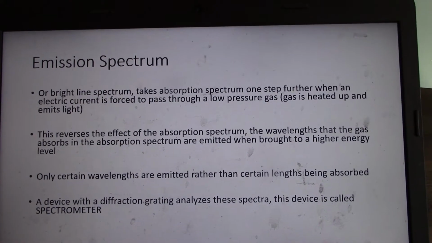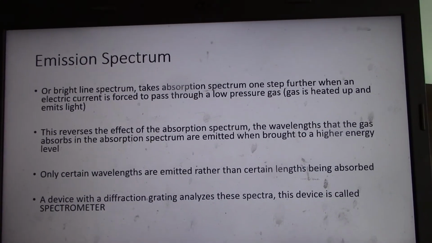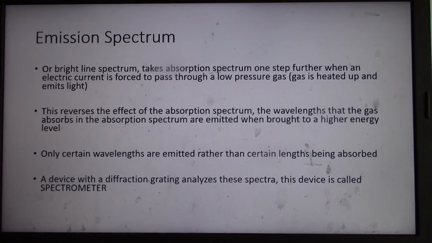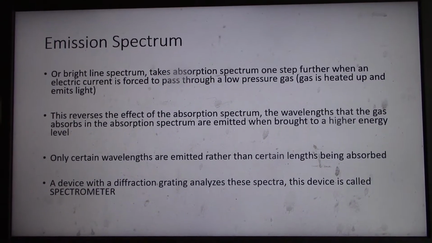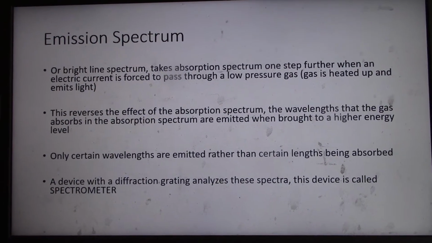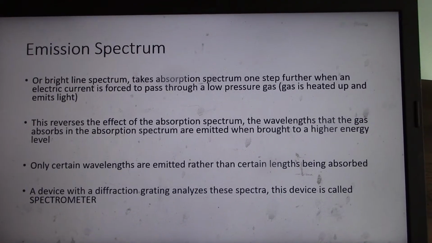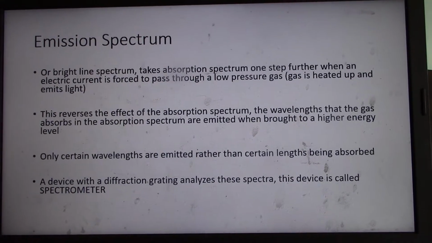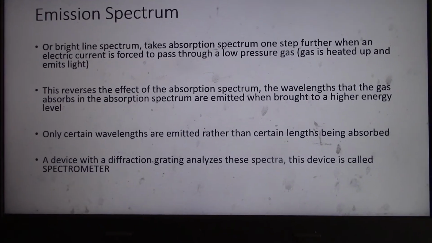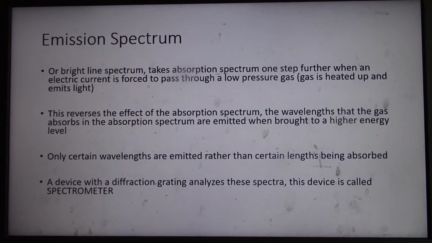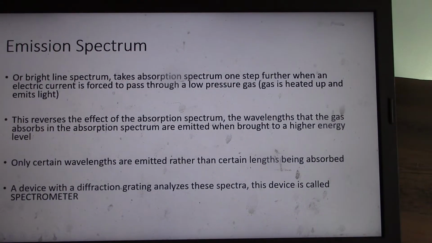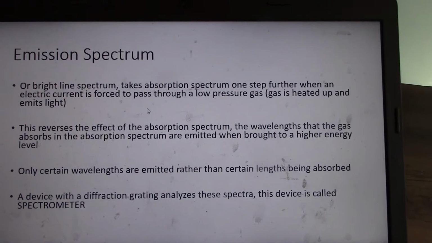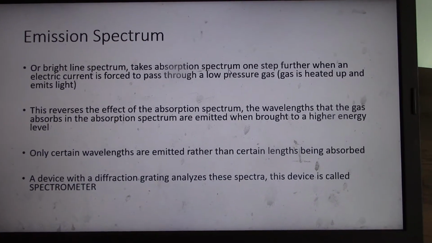Okay, so with emission spectrums, the gas is heated up and emits light. And the reverse happens for the absorption spectrum. The wavelengths that the gas absorbs are emitted when brought to a higher energy level. So only certain wavelengths are emitted rather than certain wavelengths being absorbed. So we can use a spectrometer to observe what wavelengths of light are absorbed, and as a result we can see what elements exist in either hot objects that are producing their own light, so we'll observe that through emission spectrum.